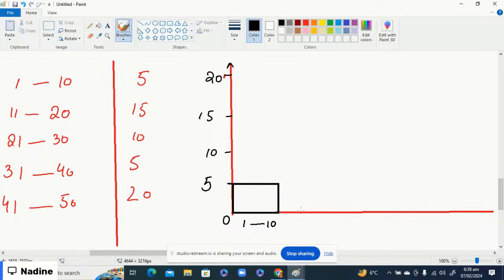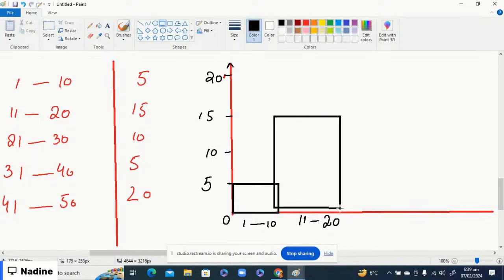Now for the second, 11 to 20, it's 15, so we move it for 15. Okay, look, like 15, 11 to 20, it's 15. Now 21 to 30, it's 10.